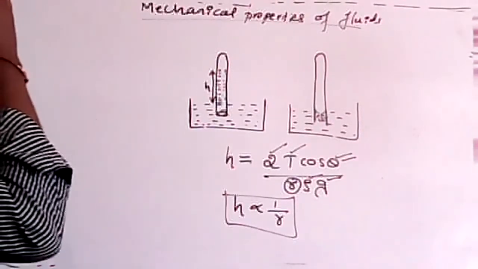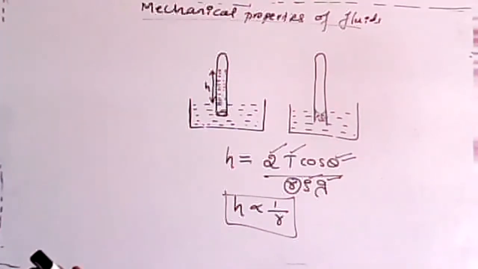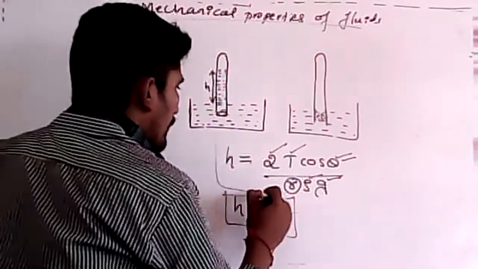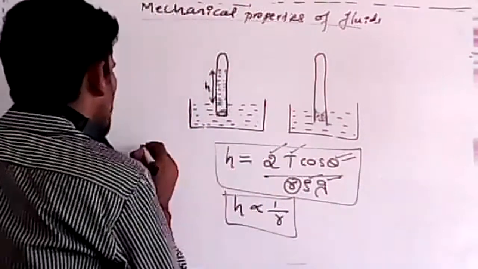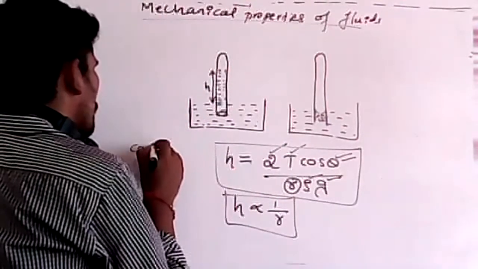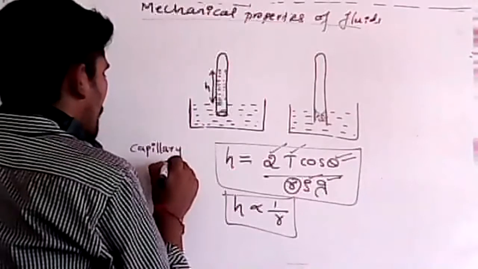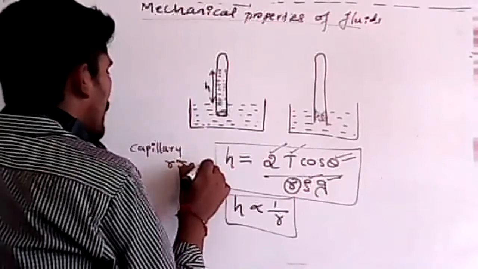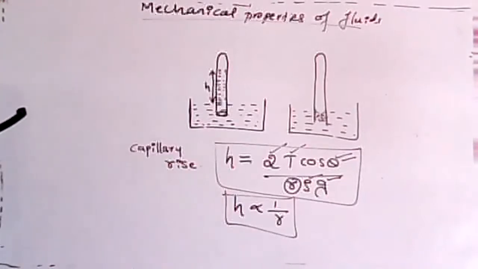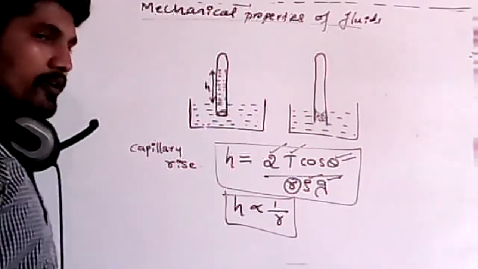So if I use the same equation for capillary rise, the expression we already discussed in yesterday's class, capillary rise or capillary height, is h is equal to 2T cos theta divided by r rho g.